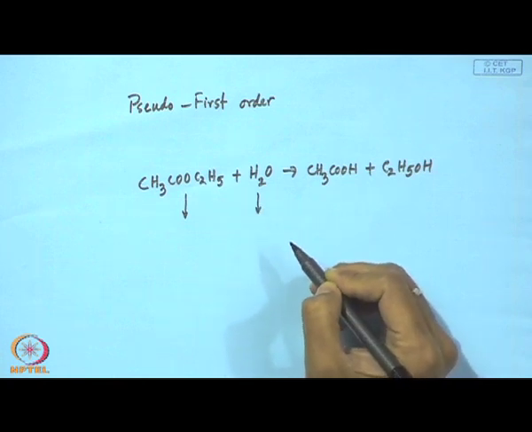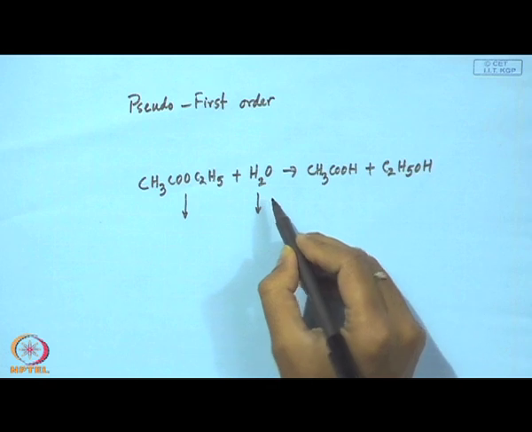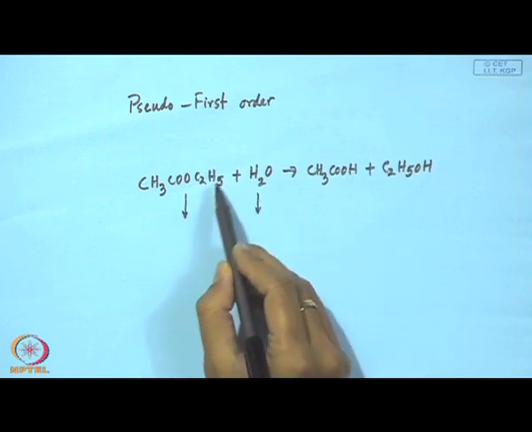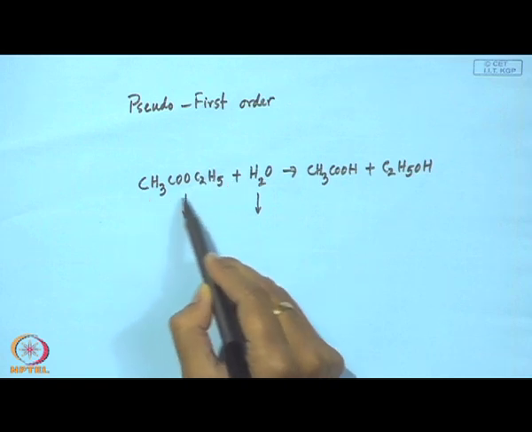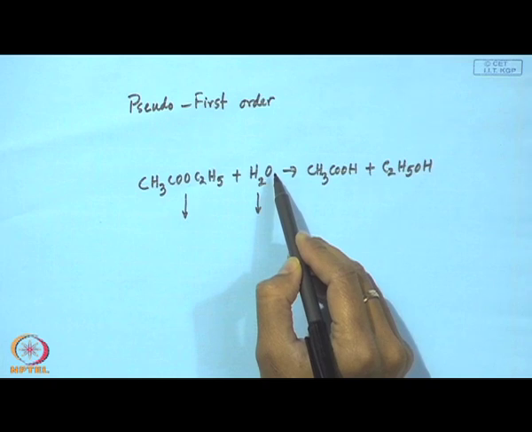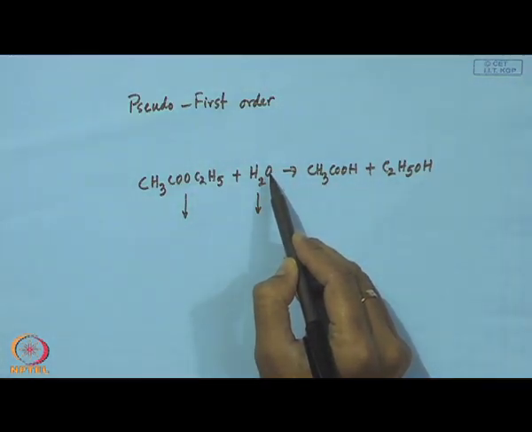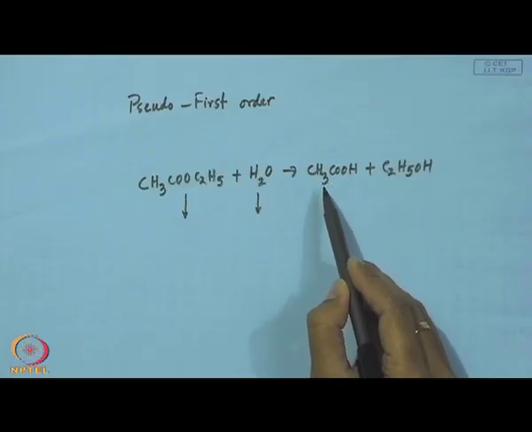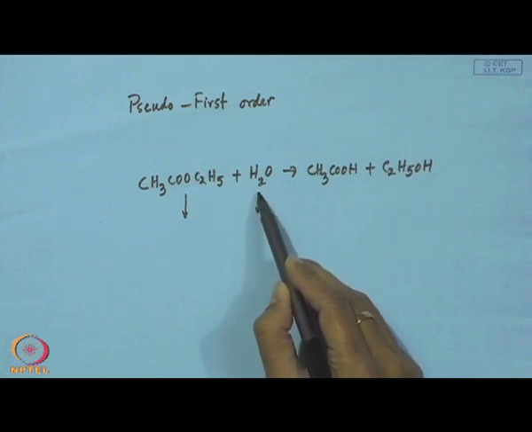Now, this reaction is carried out in water, that is, you put a measured amount of ethyl acetate in a given volume of water, then you add a trace amount of acid, say HCl, and then allow the reaction to proceed. So, ethyl alcohol and acetic acid will be formed, while water will remain as it is.